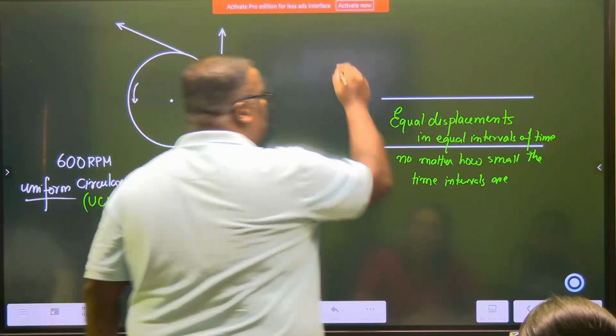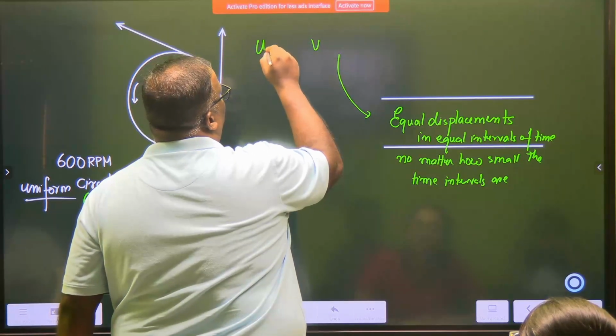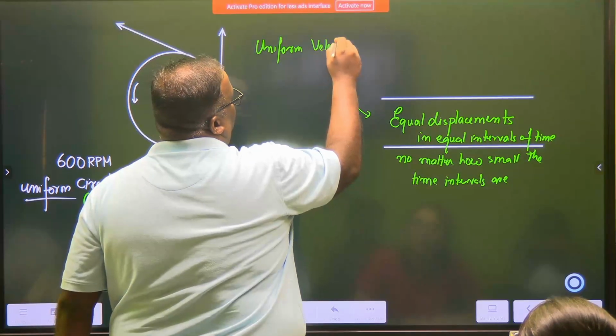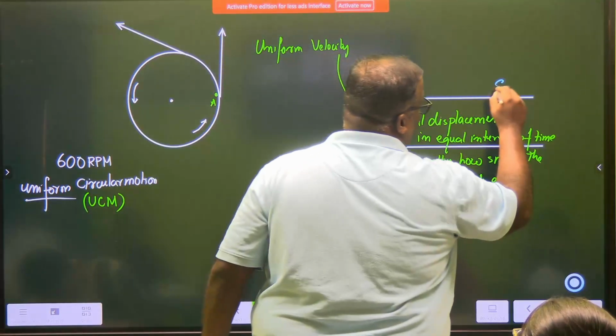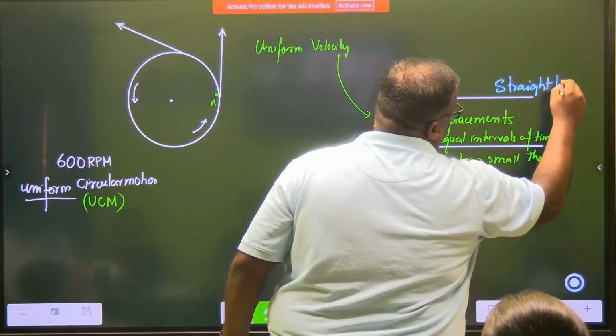In such a case, I will say my body is moving with uniform velocity. I did not write one important thing: this path should be a straight line.